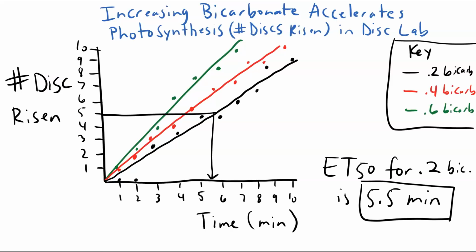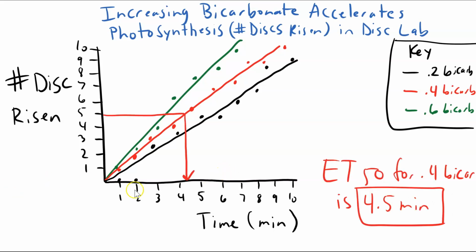But to show it in a little more detail, to show the rate, we're going to calculate it as ET50. So again, how you do that is you calculate the estimated time for 50% of your disks to rise. So 50% of 10 disks is 5. So you calculate the time it takes for those 5 disks to rise in each experiment. So for our control, the ET50 is 5.5 minutes.